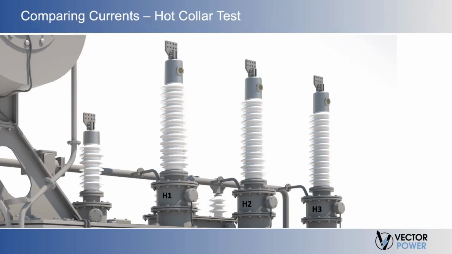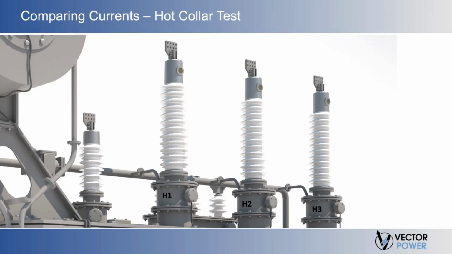All right, let's look at a practical application of this knowledge. The hot collar test is a part of the procedure in the dissipation or power factor testing of a bushing. When the test is done on a transformer, the test connections are on the transformer's bushing, and the test includes the transformer winding and the bushing.